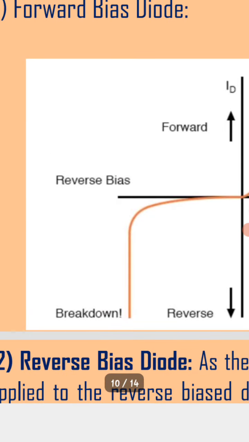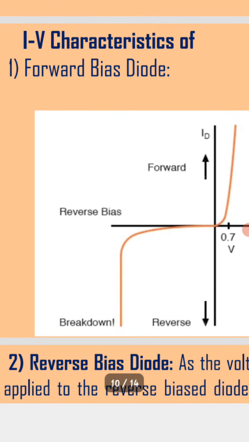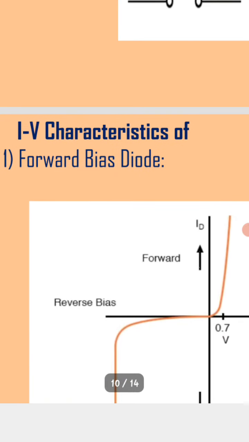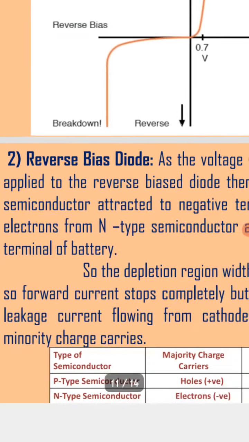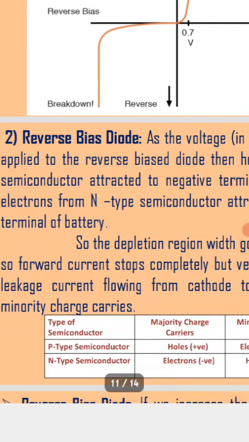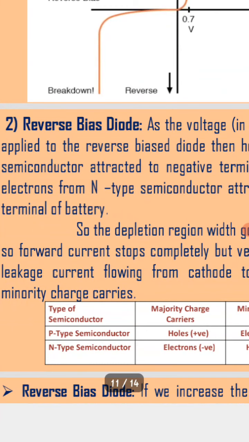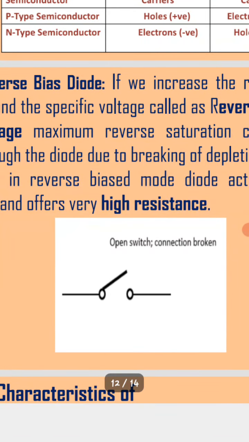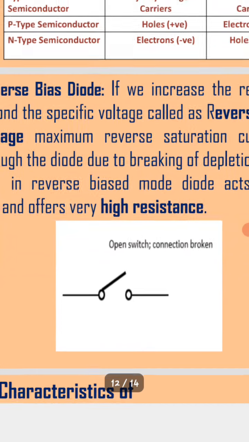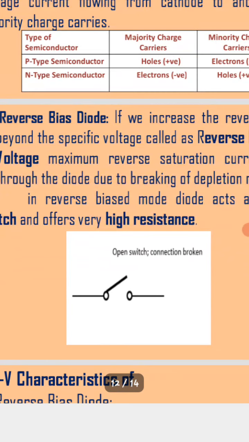So these are the characteristics for forward and reverse biasing. In reverse biasing mode, the diode offers a very high resistance. We can consider that in reverse biasing mode, the diode acts as an open switch.